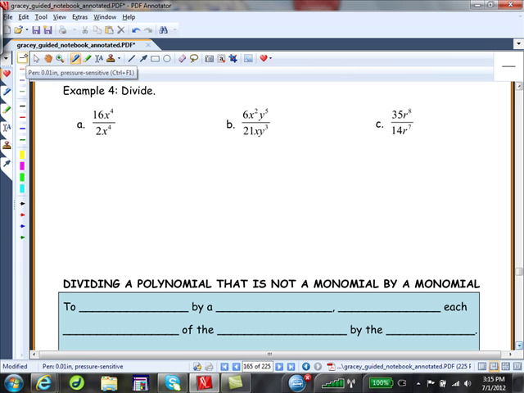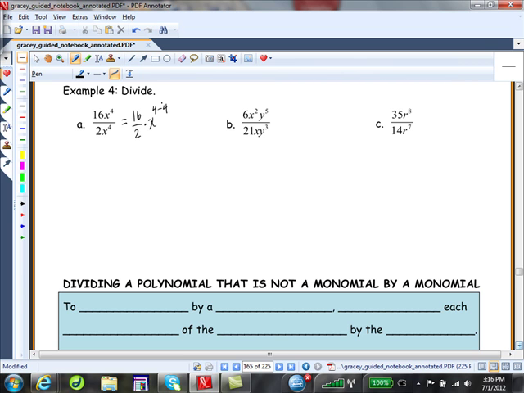So here we go. This is going to be 16 divided by 2 and then times x to the 4 minus 4. So the second part we use the quotient rule, all right, for exponents.